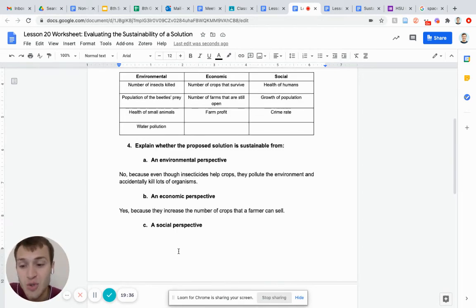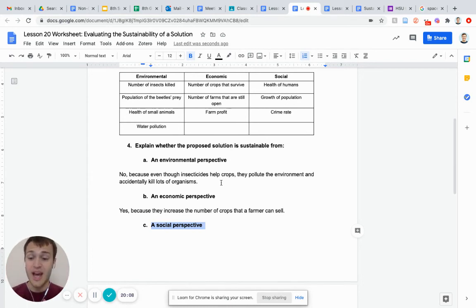And then a social perspective. This one, my last class disagreed about whether pesticides are sustainable from a social perspective. So on the one hand, using pesticides increases the amount of food, and it protects people's jobs. So that's good for society. But on the other hand, it hurts humans' health.